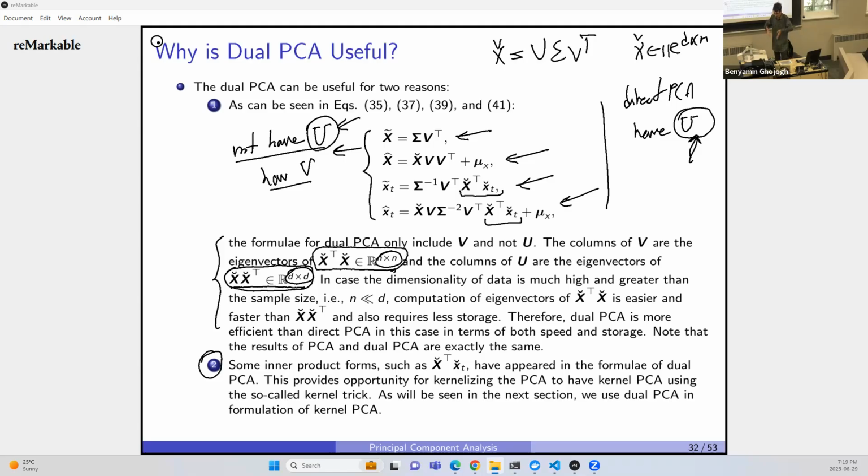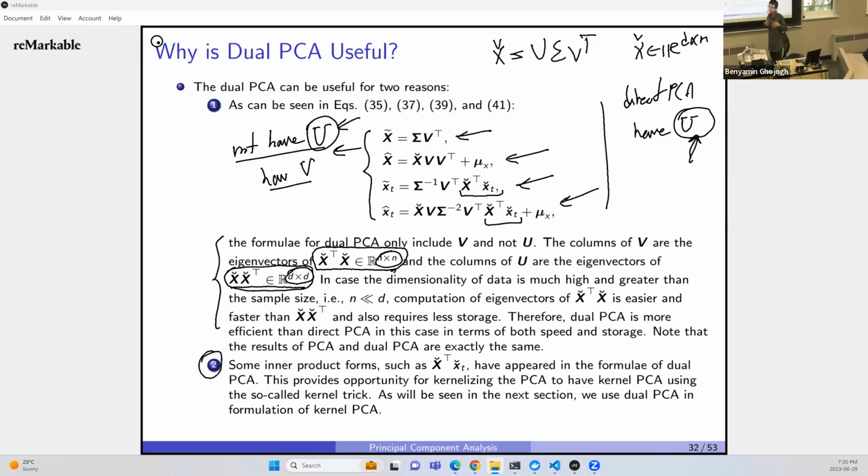Therefore, it's much less computationally expensive to calculate V rather than U. So dual PCA is much more efficient to solve if D is huge. And we usually have these images. In images, D is the number of pixels, and usually D is huge. So whenever we have image data, dual PCA is much faster than PCA, right?